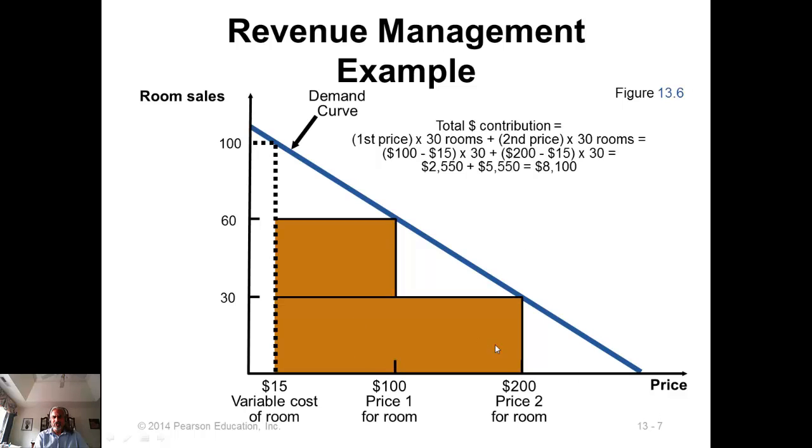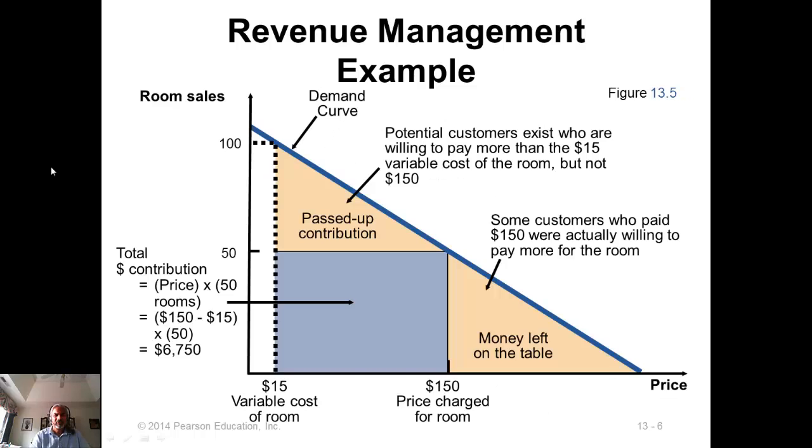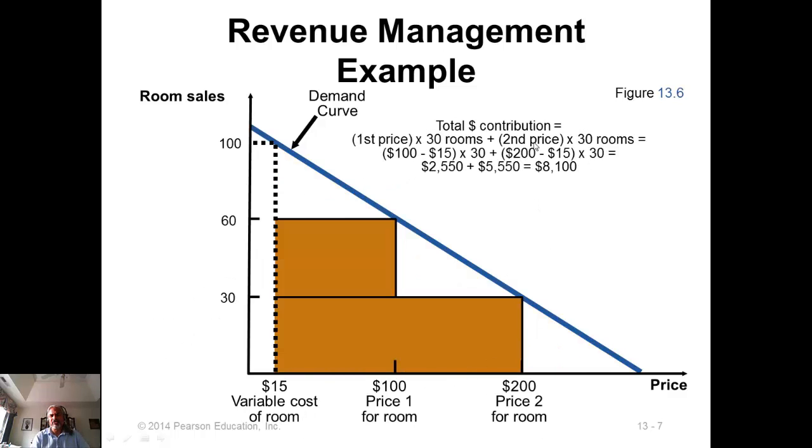You have $200, 30 rooms, $100, 60 rooms, and then you calculate it through, you get 8,100 net revenue. In the previous case, the net revenue was 6,750. So now instead of charging 150, if you have 2 price points, $100 and $200, then your net revenue is 8,100. We'll work out an example of this in the next video.